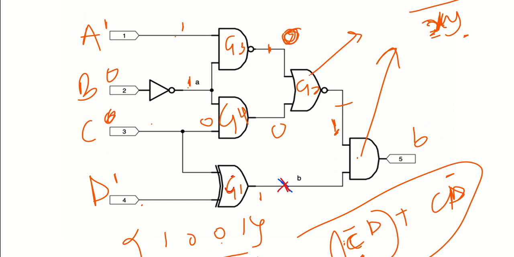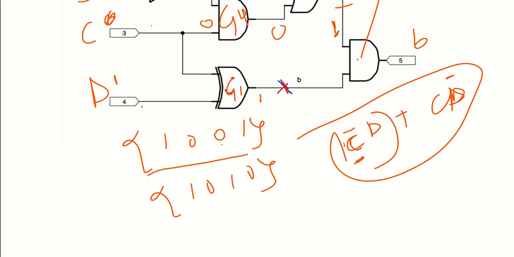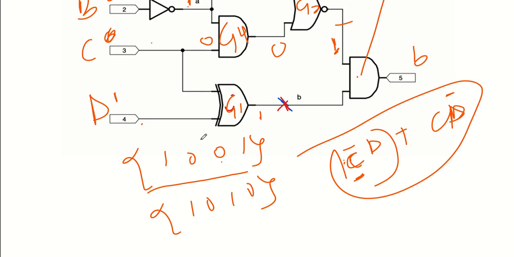Now, assuming that only one of these faults occurs, this 1010 is more unique to test for A, and this 1001 actually tests for both A and B. I've not done the other part, so I'm not really sure that B is also tested for by this vector, but in any case, realize that this test vector happens to test for both of them.